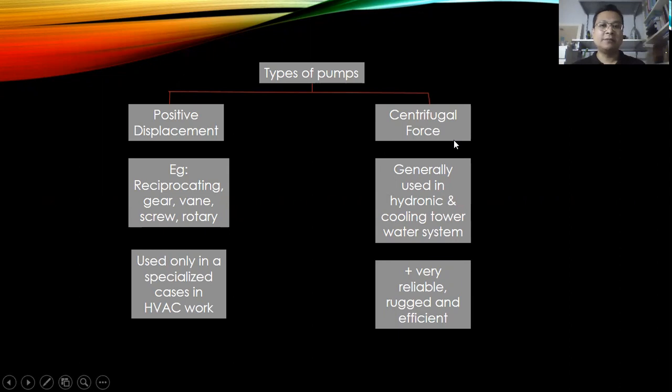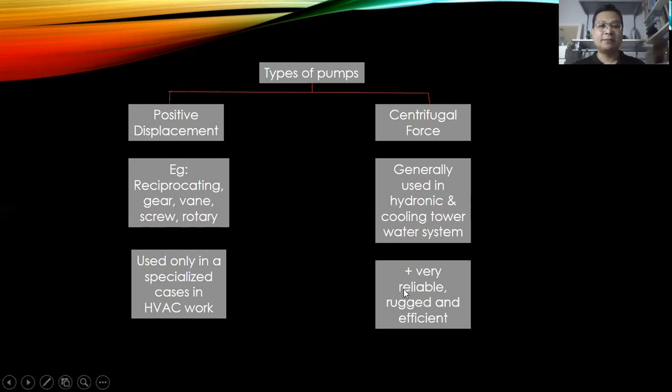As we know, centrifugal is the same as the condition of a fan, using a blade with axial as input, and then the output can be axial and or radial. Positive displacement is used only in specialized cases in HVAC work.